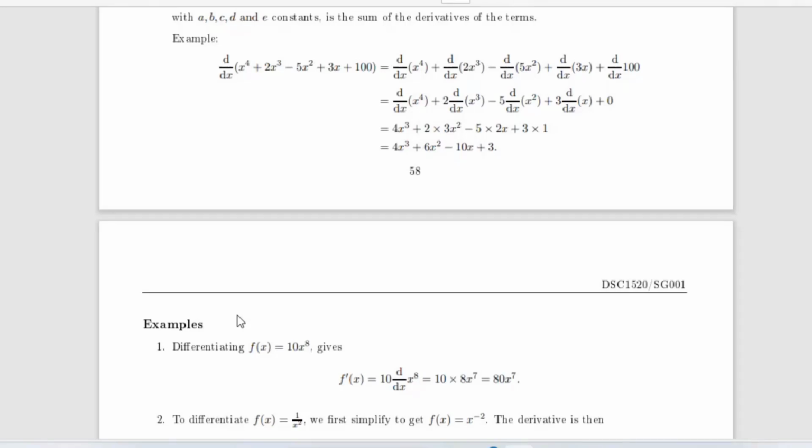D'Angelo? I also got minus 2x to the power of minus 3. Bongani? I also got minus 2x to the minus 3. Digezo? I got minus 2x to the power of minus 3.